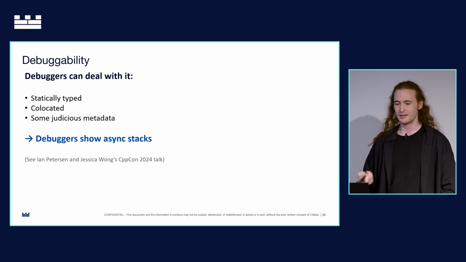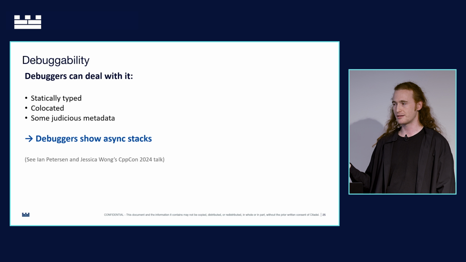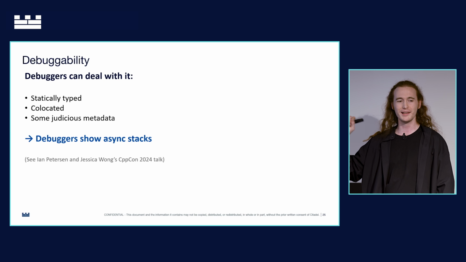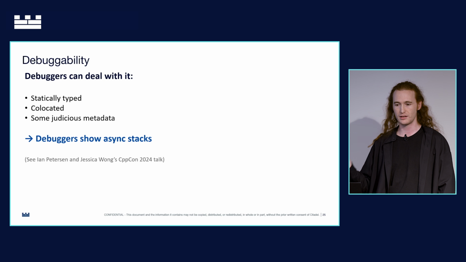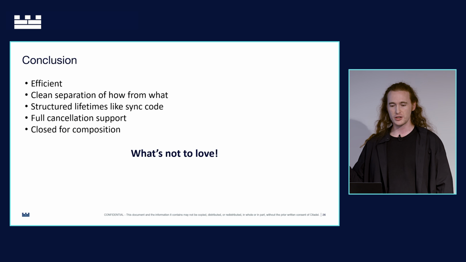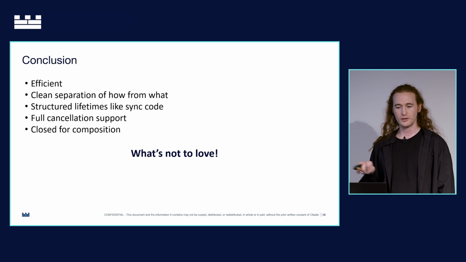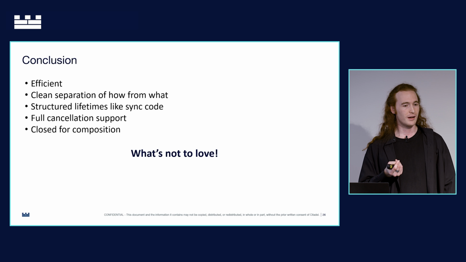And Ian Petersen and Jessica Wong have a great talk on exactly one little bit that they needed to add to make debuggers totally understand this. So yeah, it's efficient. It's got clean separation of how from what, structured lifetimes, what's not to love.